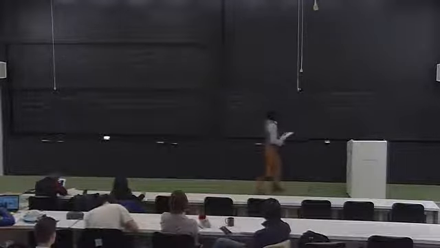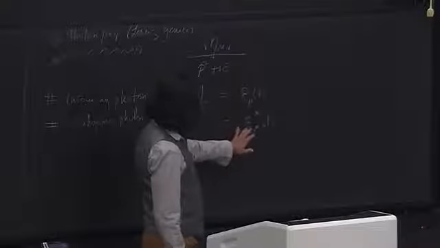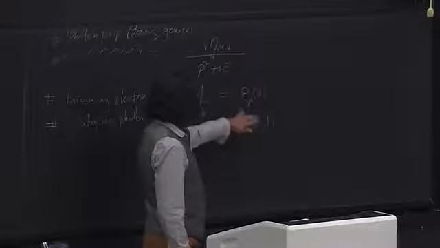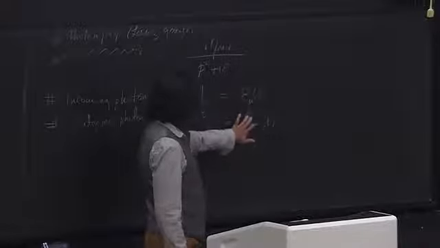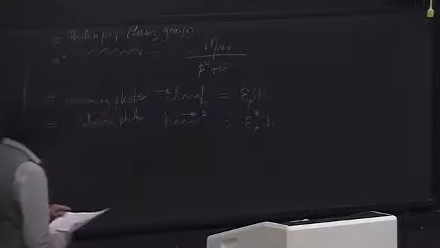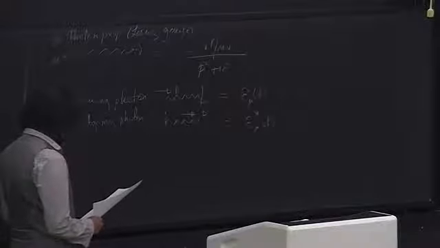A lot of times, we will assume that our photons are polarized in a way such that the polarization is real. Then epsilon and epsilon star would both be real, so we wouldn't have to worry about writing the star. So armed with these Feynman rules, we can now write down the amplitude for our first QED process.